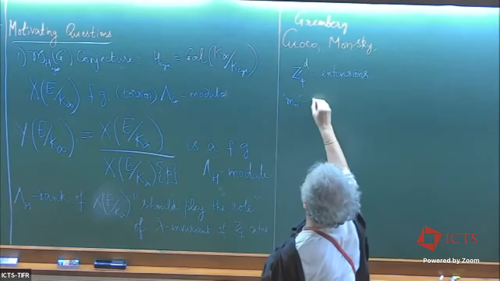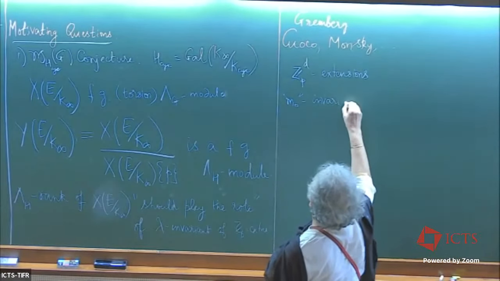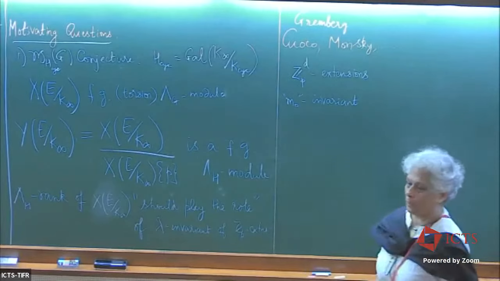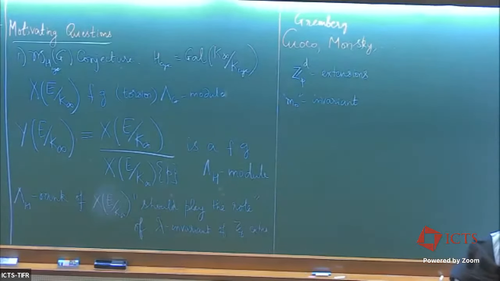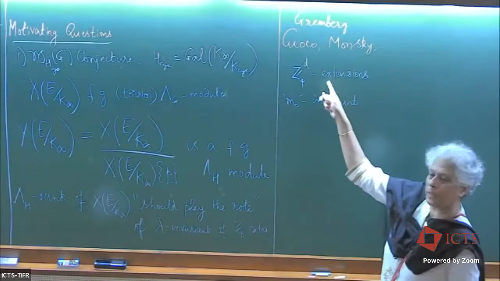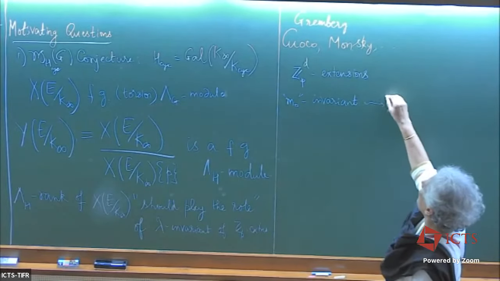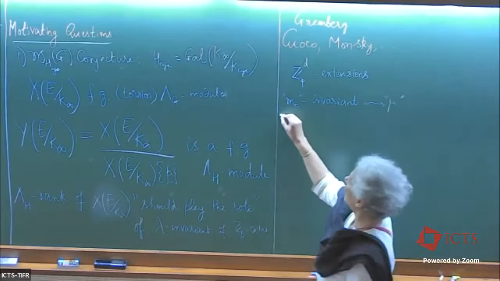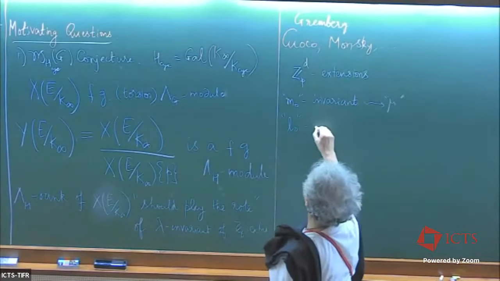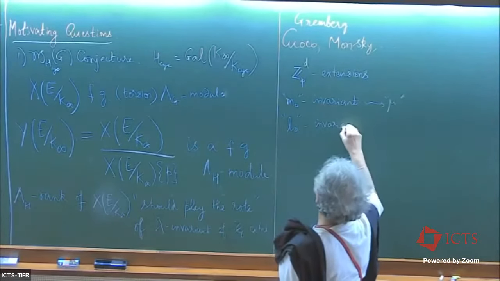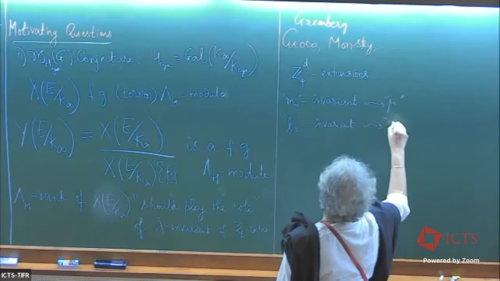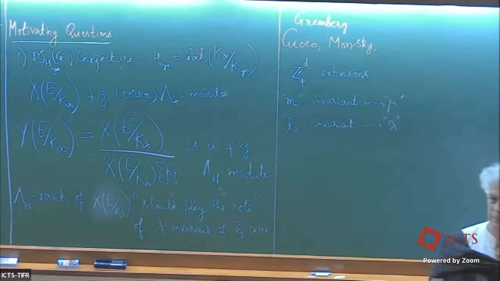There's an M_0 invariant, which is supposed to be a vast generalization of the mu invariant. In fact, when d is equal to 1, it coincides with the mu invariant. So this is the analog of the mu invariant. And then they have another invariant, which is called the L_0 invariant, which in the case of d equals 1 coincides with the usual lambda invariant.